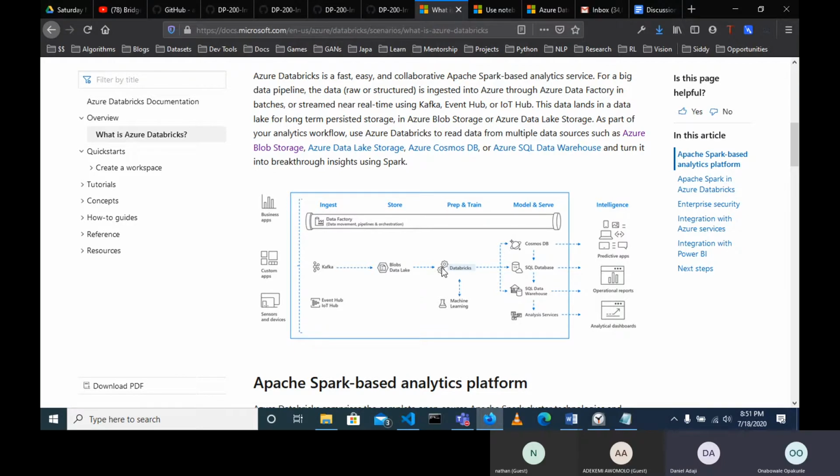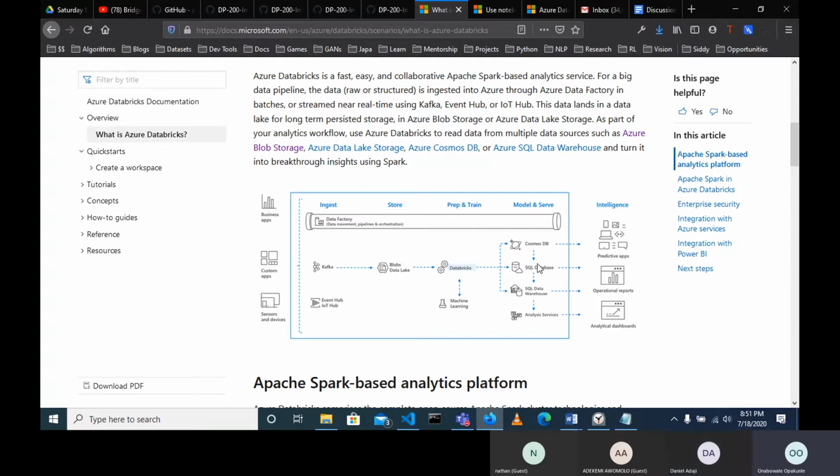You then connect your Databricks to whatever storage you're using, be it blob, or maybe SQL, or even Cosmos DB if you're working with unstructured data. You perform your machine learning tasks with MLflow.